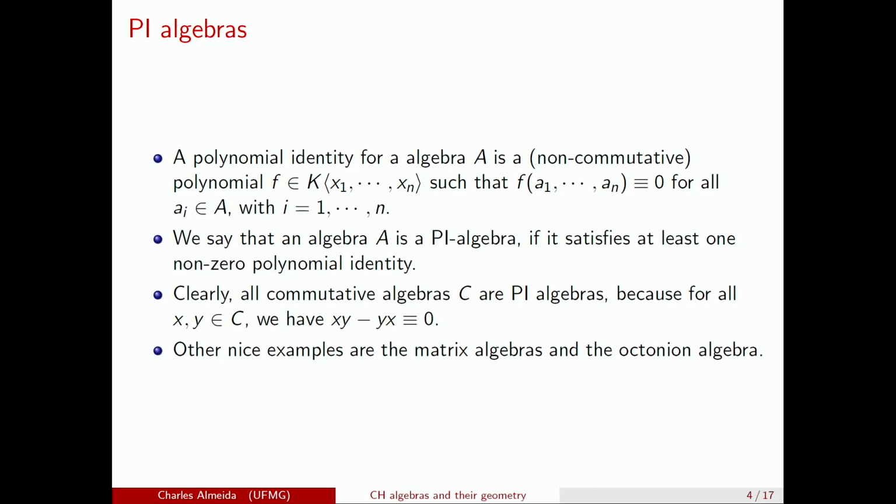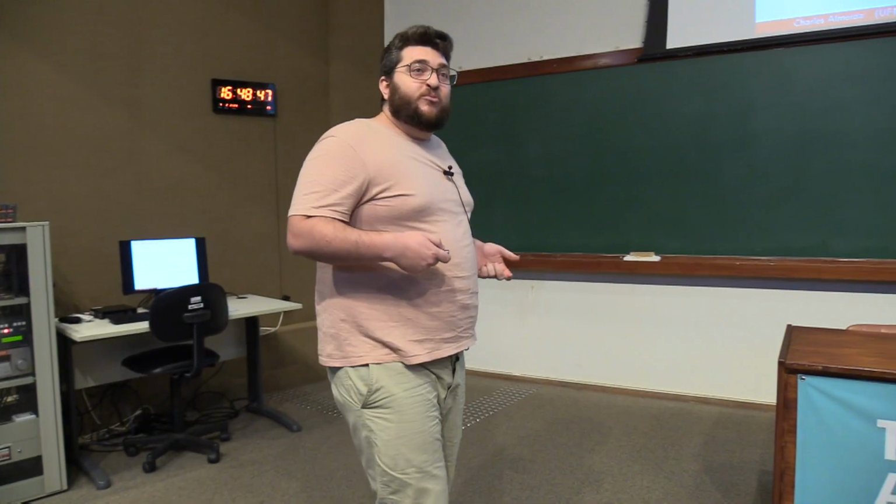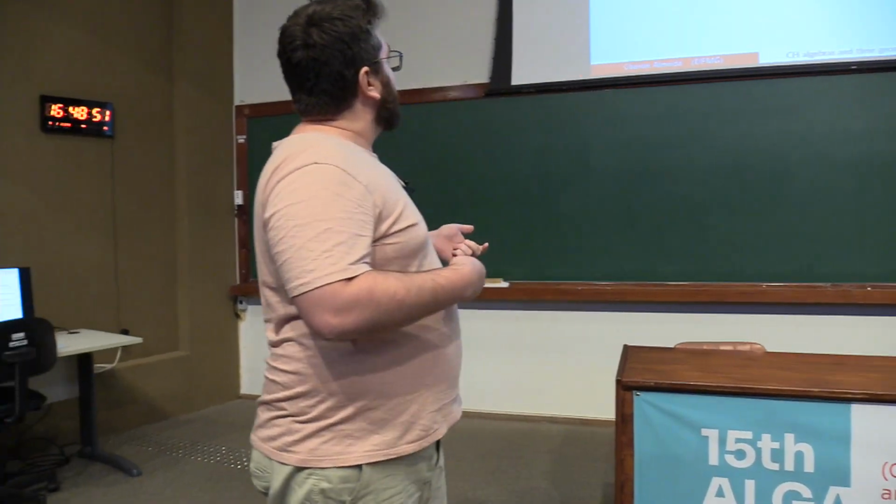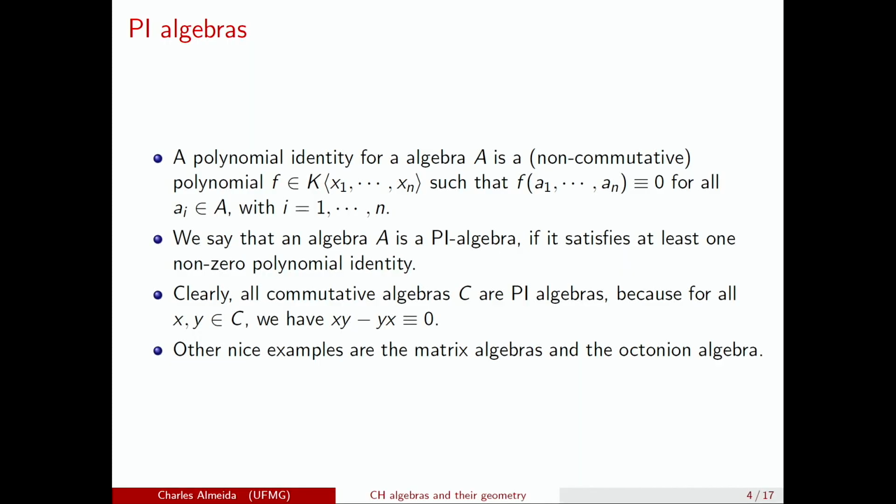So clearly, all commutative algebras are polynomial identity algebras because all the elements satisfy xy minus yx equals 0, because my algebra commutes. So every commutative algebra is a PI algebra.